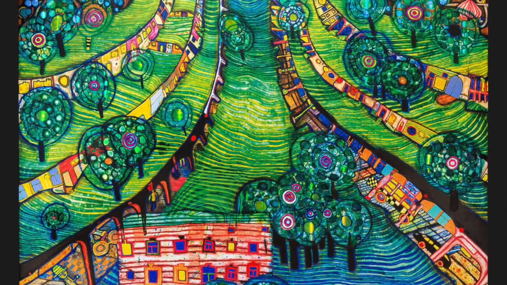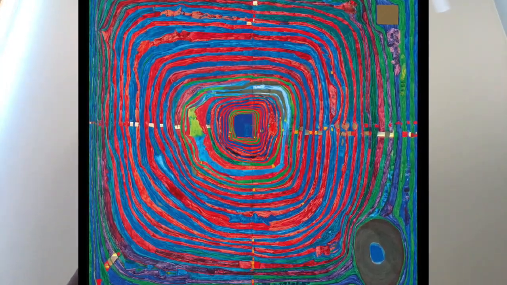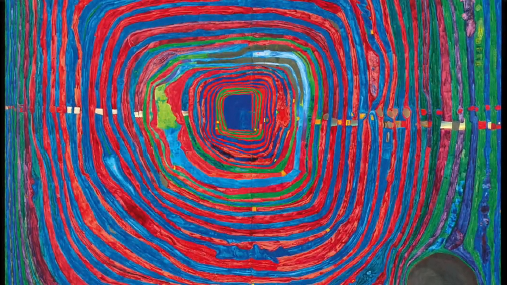Hundertwasser, as I said, was an Austrian artist, and he liked bold, bright colors and organic lines. Now, you and I had discussed what organic lines are versus non-organic lines.